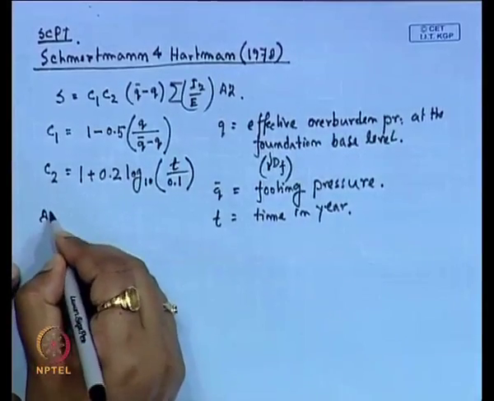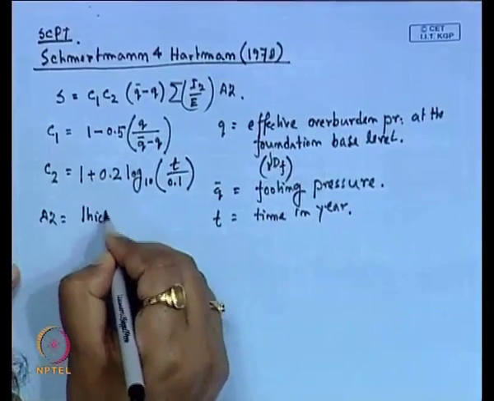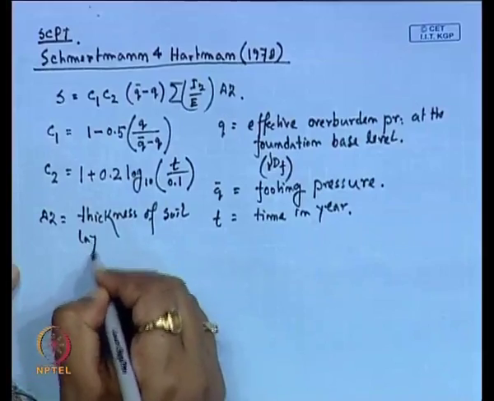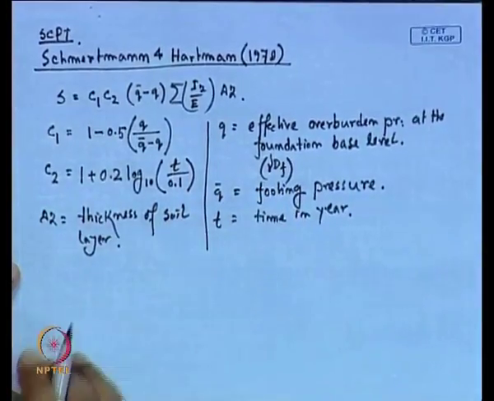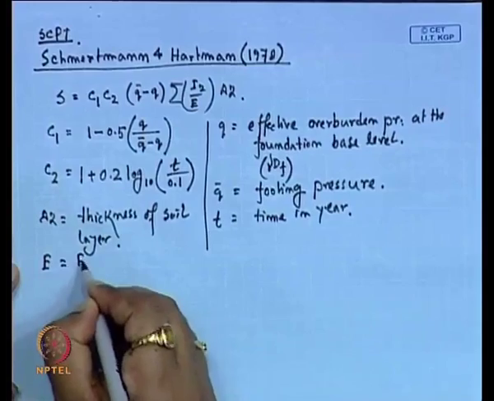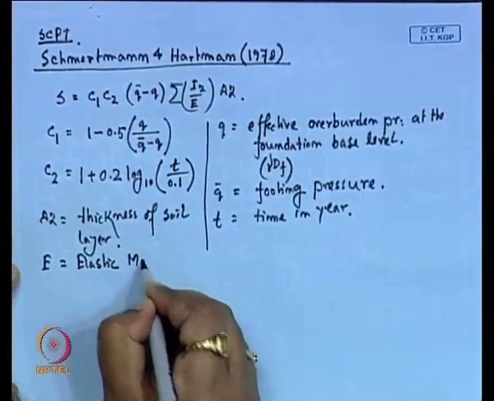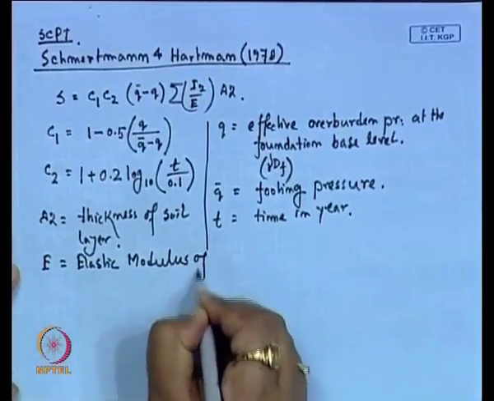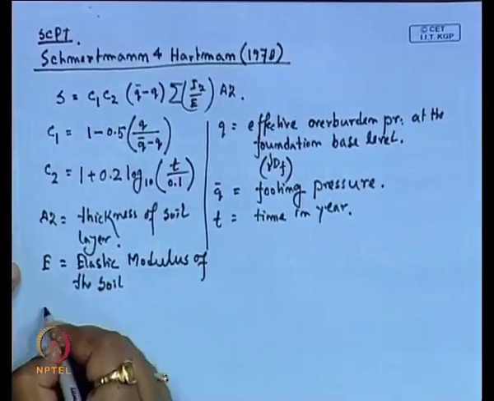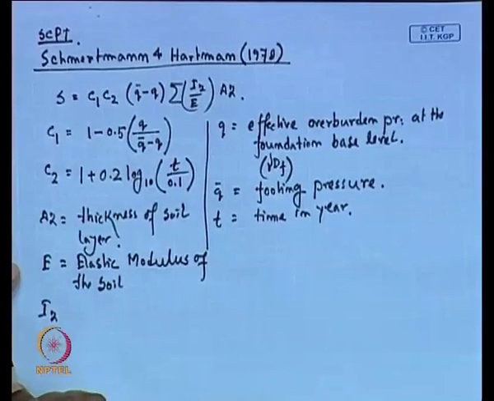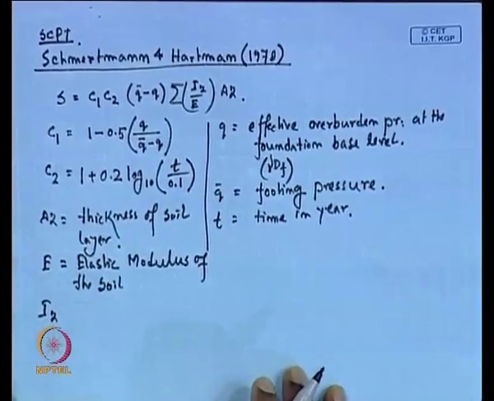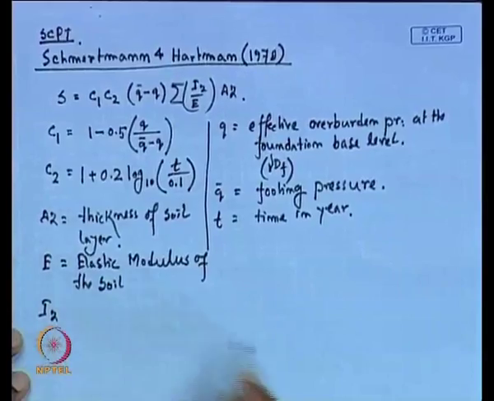Now, del z is the thickness of the soil layer, E is the elastic modulus of the soil layer, and Iz is a value that you will get from the chart.